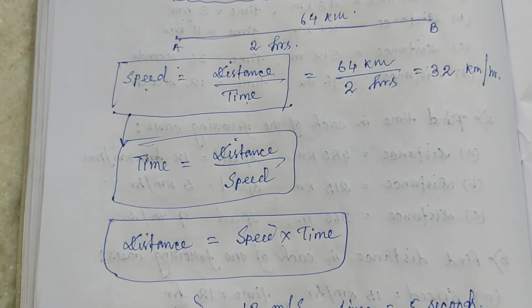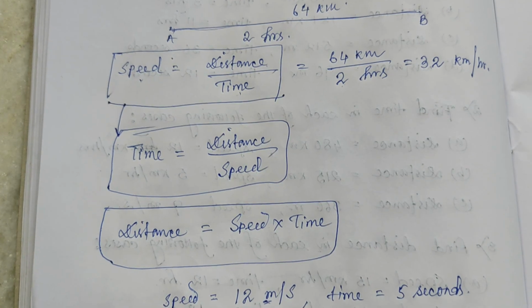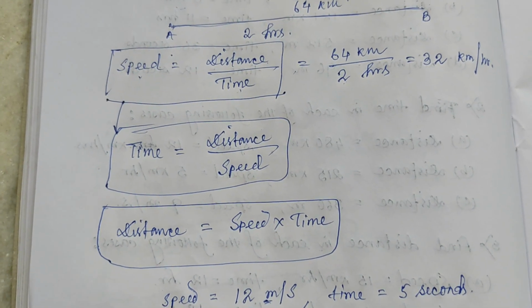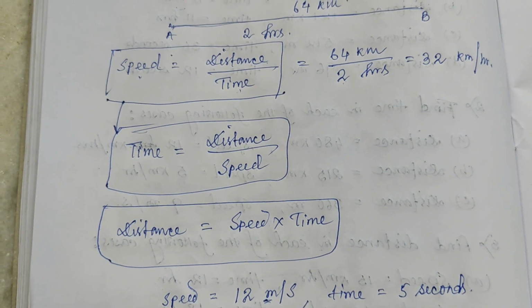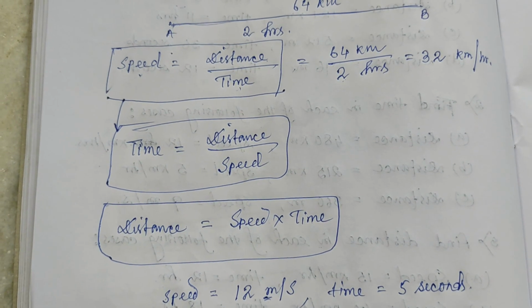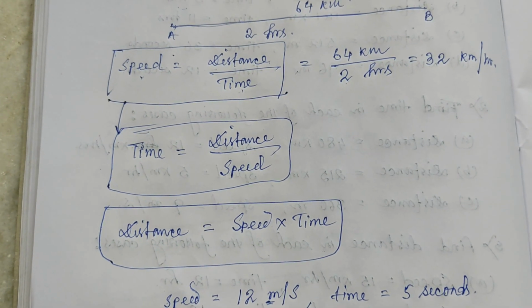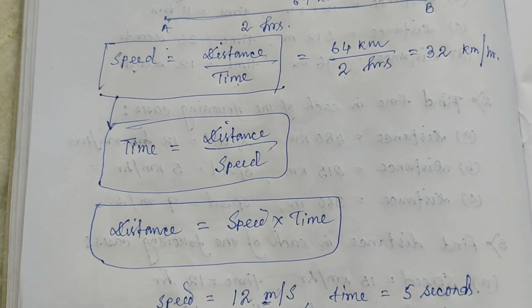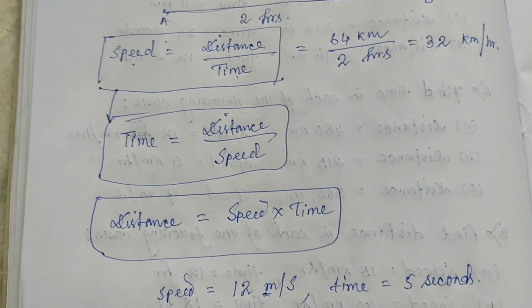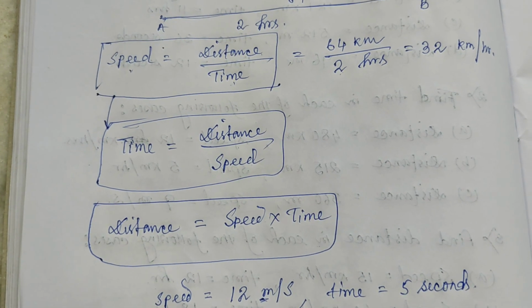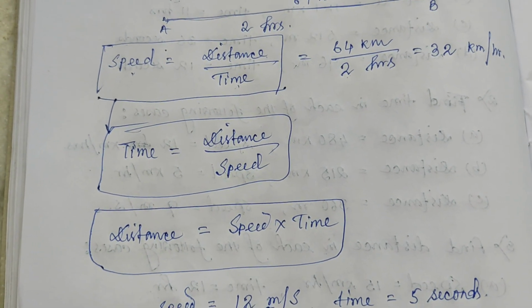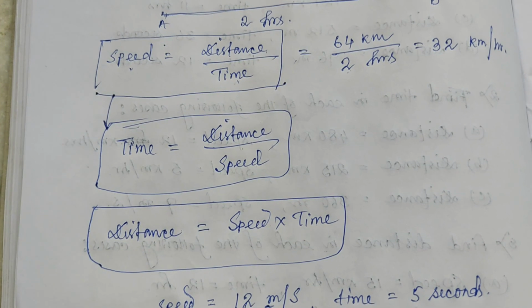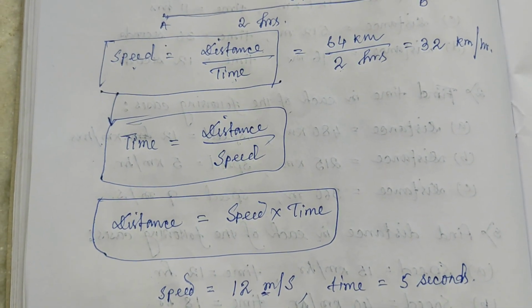Everyone just try to do an activity. Take your watch, if possible a stopwatch, and walk a distance and measure how much time you have taken to cover the distance.